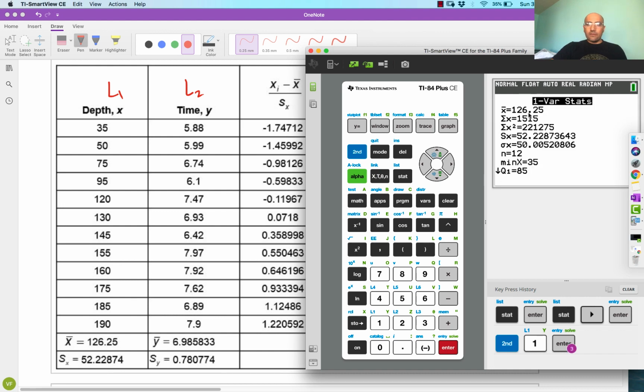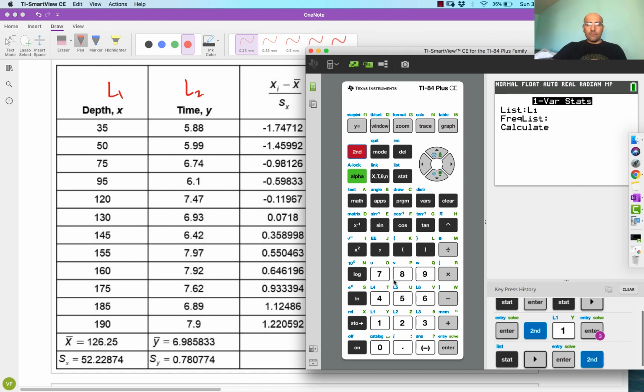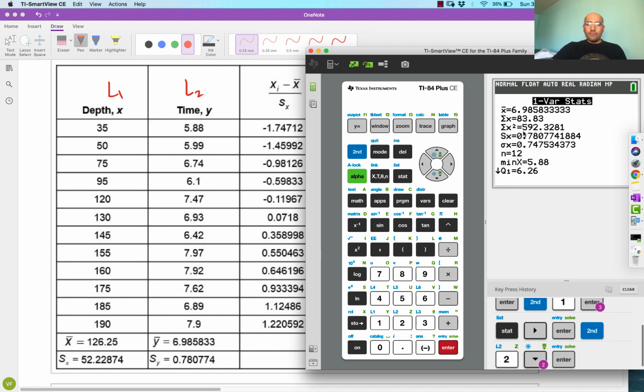Here's the mean, x bar, 126.25, and the sample standard deviation, 52.22874. Next, stat, calculate, one variable statistic on list 2, calculate. We got the sample mean, 6.9858, and the sample standard deviation, S sub y, 0.780774.